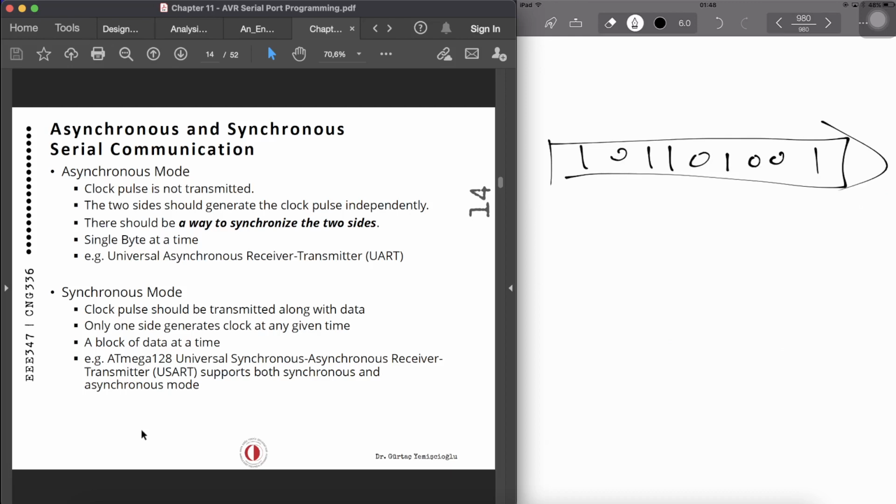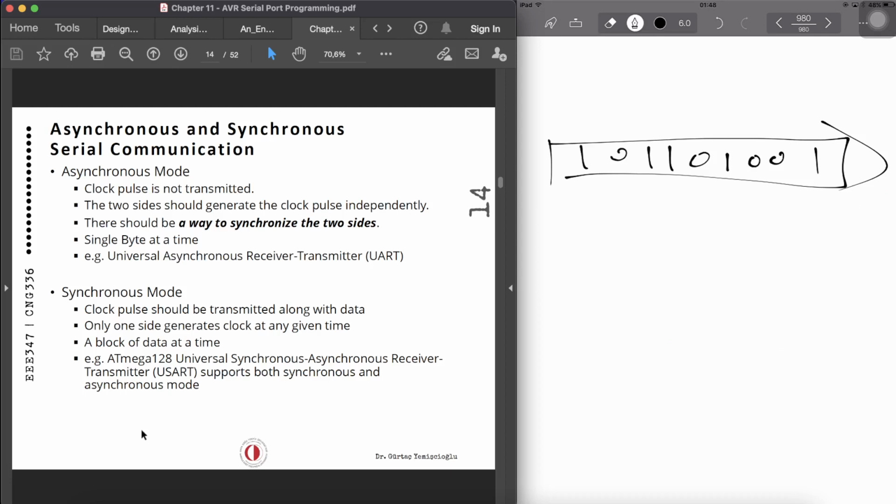It is difficult to make sense of the data unless the sender and the receiver agree on a set of rules, which we call protocol, and on how the data is packed: if there's a start bit, stop bit, parity bits, and so on, and how many bits you are feeding into one pack.